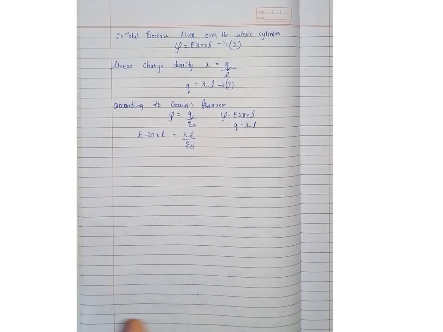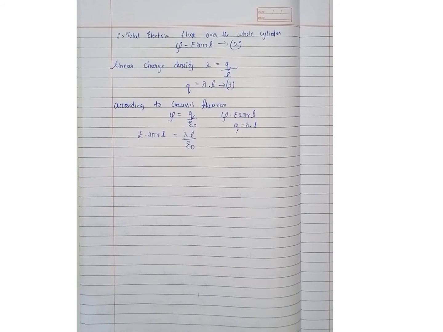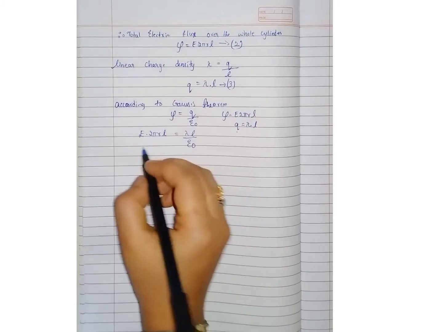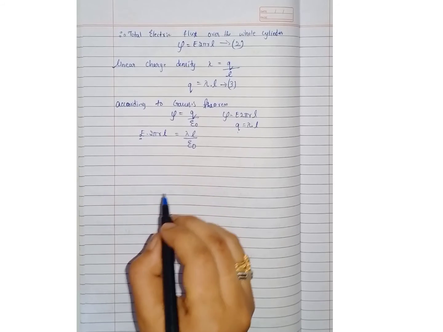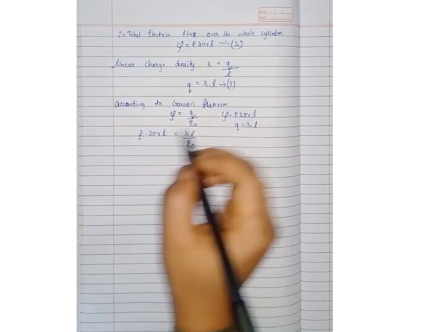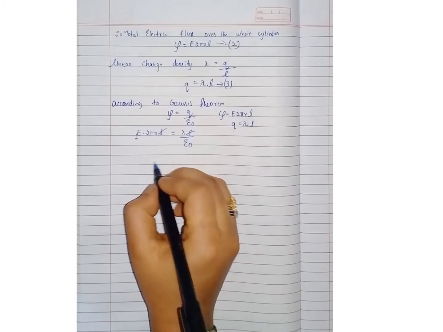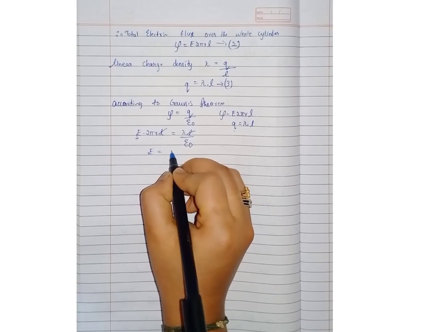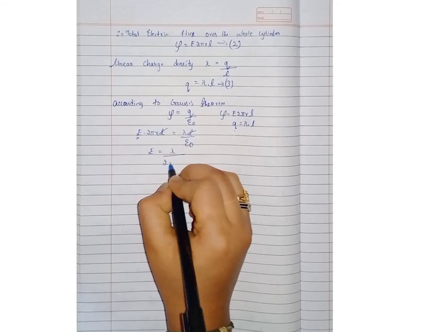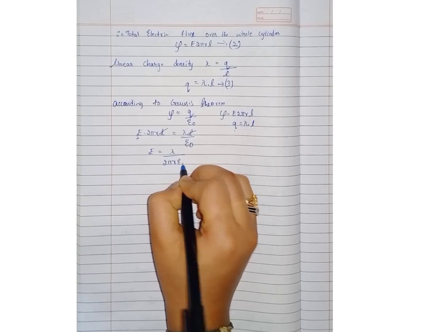We are going to calculate the magnitude of the electric field or electric field intensity, so we need the equation for E. Here L gets cancelled, so E is equal to lambda by 2 pi R epsilon naught, with 2 pi R going to the denominator.